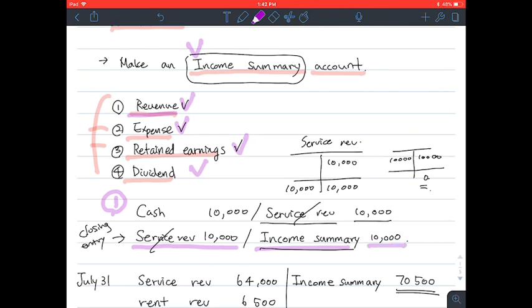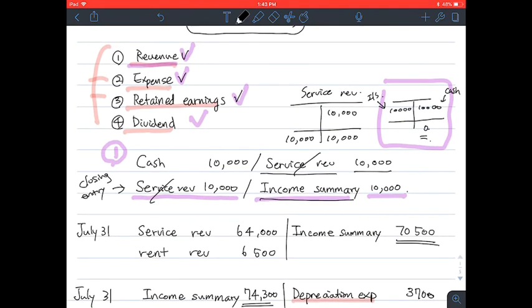So what will happen is like this. Here you can see that the service revenue on the credit side came from cash. On the other hand, this 10,000 on the debit side will go to the income summary, so it will be zero in the end.